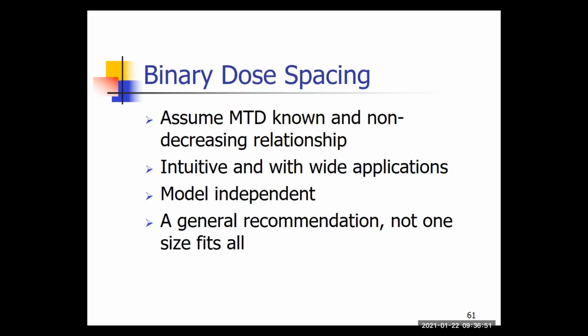Please just go ahead and take advantage of it, right? But this binary dose spacing way of thinking is just providing a framework. And the most important part of the thinking is that you want to have a wide range. And the wide dose range comes from the low dose, from how low can you go. So that's the key.